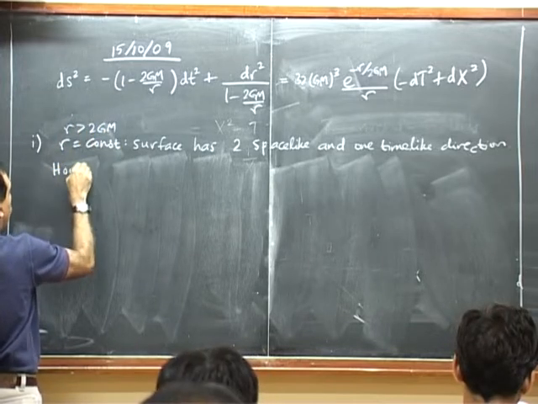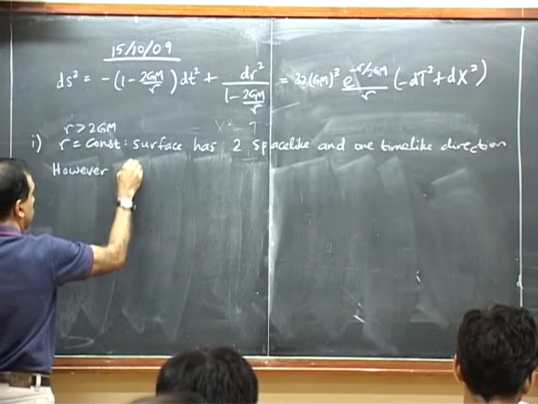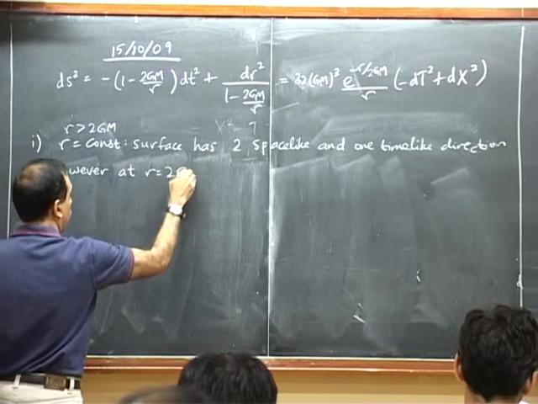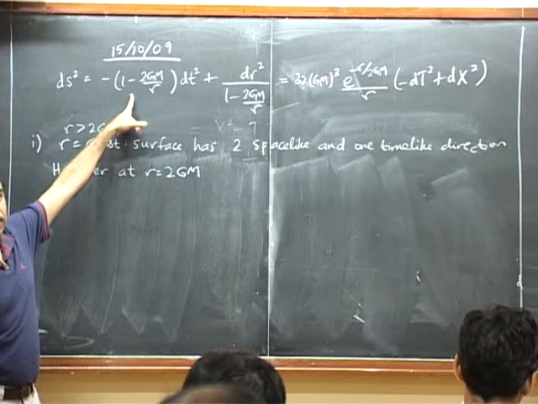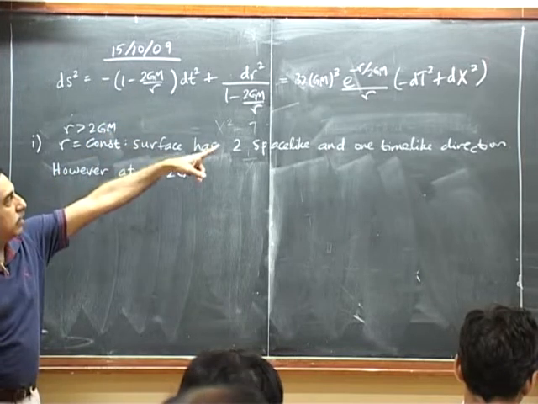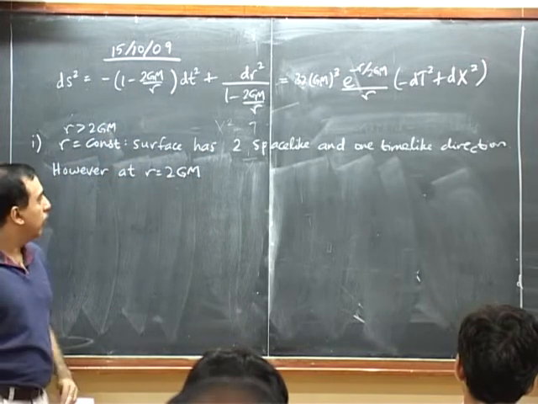However, at r equals 2 GM, we can no longer conclude that from this metric because this metric and these coordinates are not valid, but we can ask the question in that metric. Okay.